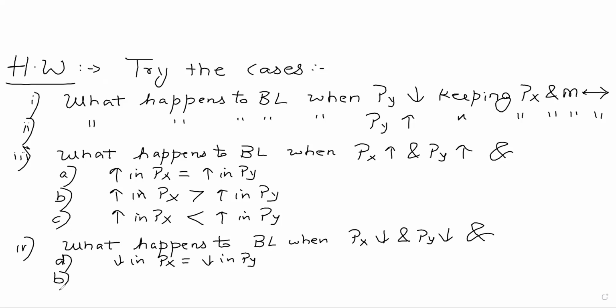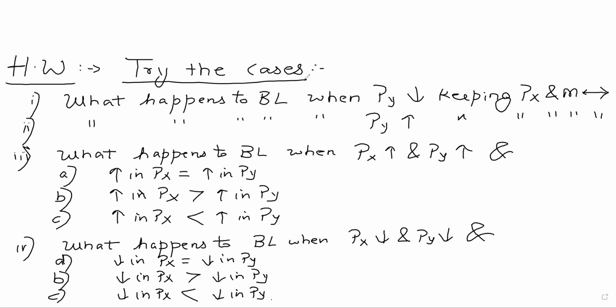Case B, fall in Px is more than fall in Py. And case C, fall in Px is less than the fall in Py. So guys, try these cases at home, okay, and you can get them cross-checked from me.